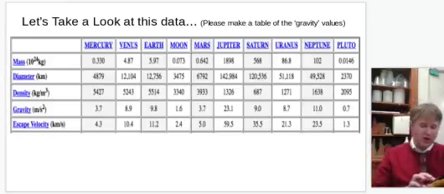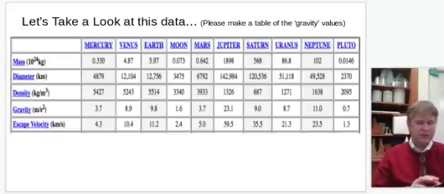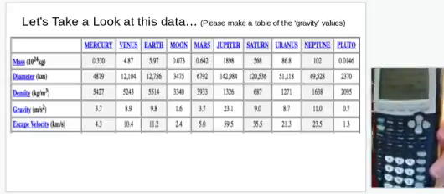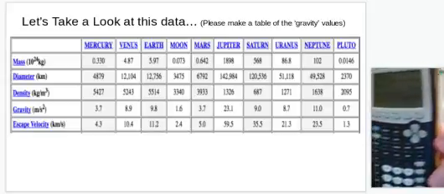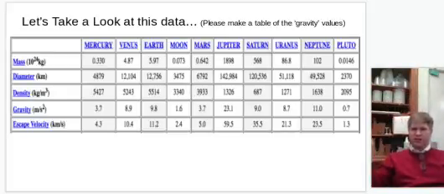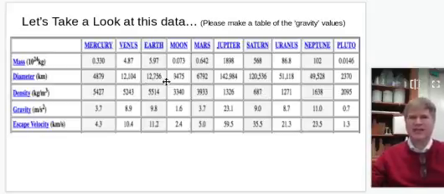So if I take my fancy calculator and do 143,000 divided by the Earth's diameter, 12,756, we could actually fit 11.2 Earths across Jupiter. It's ginormous. It's big. And so you get the idea.